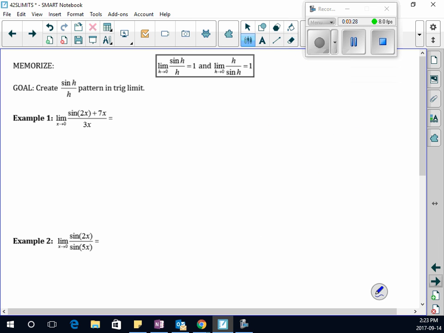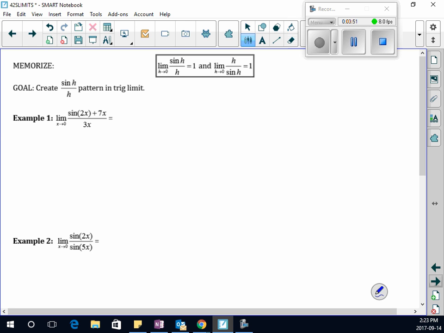So the next thing that you're looking for is patterns. Your goal is to create this sine h over h, where h can be anything that matches with the bottom. So if I were to plug 0 in, 2 times 0 is 0, sine of 0 is 0, plus 7 times 0 is 0, 0 plus 0 is 0.